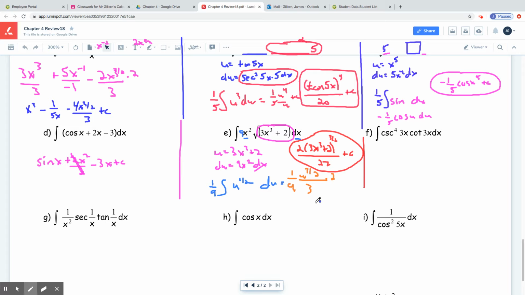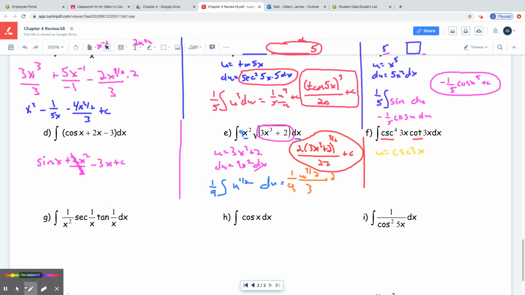All right. F, we have trig again, and we have two trig functions with different exponents. So we take the one with the highest exponent. So our u is going to be cosecant 3x.